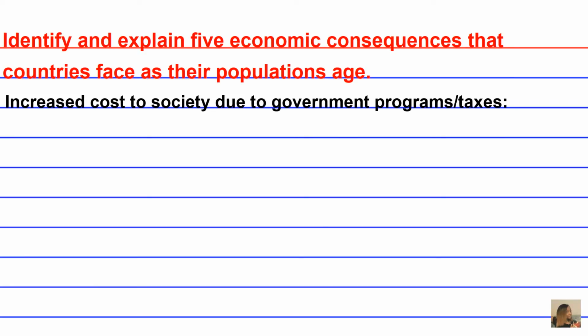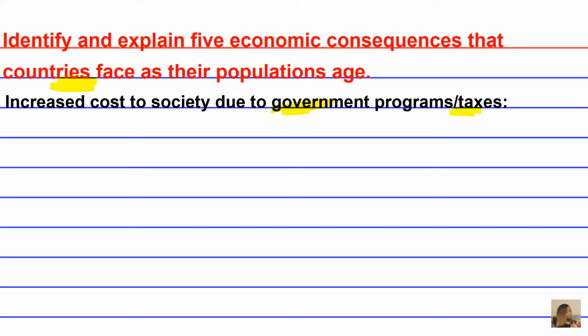The first consequence that must be noted is increased costs to society due to government programs and taxes in developed countries. The countries we're talking about here are more so developed nations, okay? So, can you think of specifics in government and tax increases?